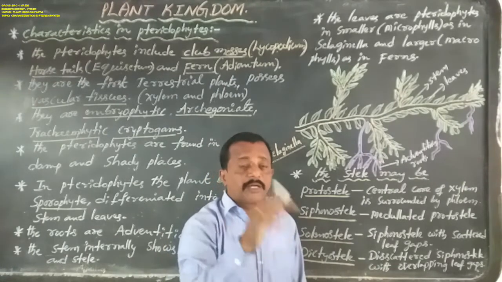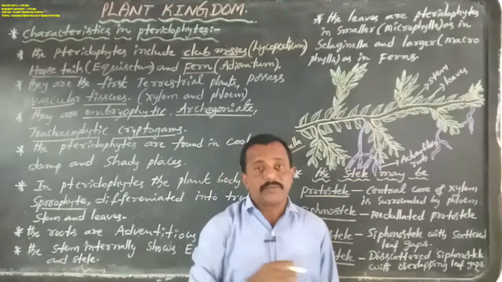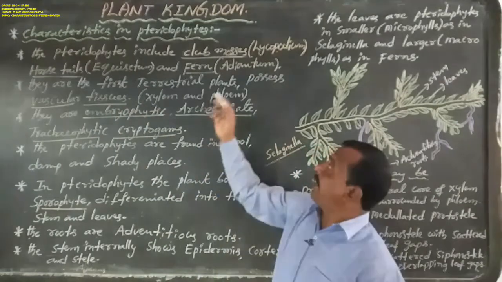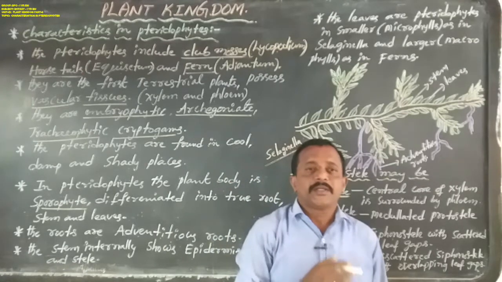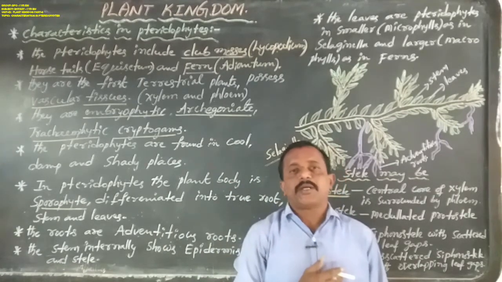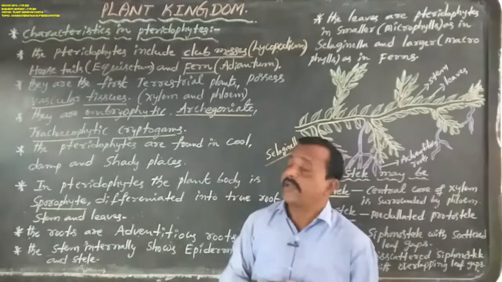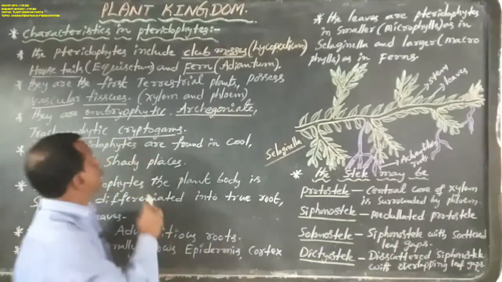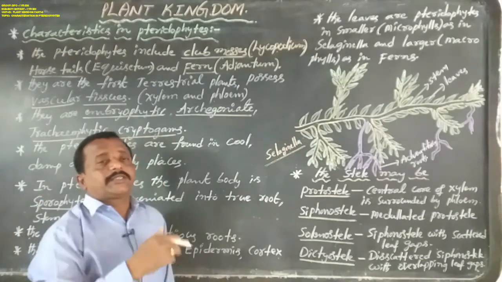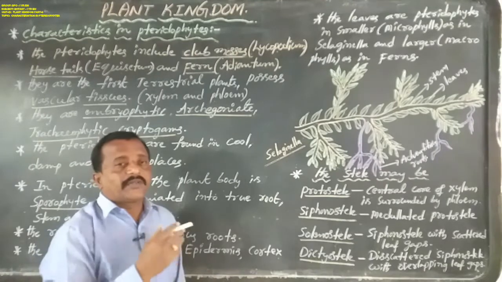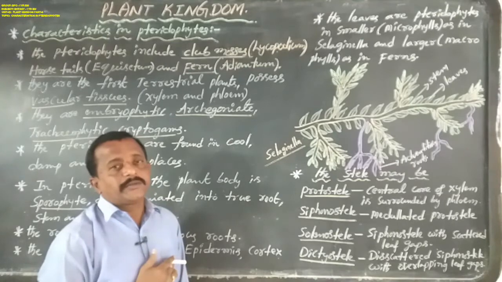The horsetail structure of the Equisetum plant body produces cones, or strobili. And ferns, examples Adiantum and Marsilea, produce larger size leaves. Next, they are the first terrestrial plants, the first land plants, first growing in soil. So pteridophyte plants are first growing in soil.